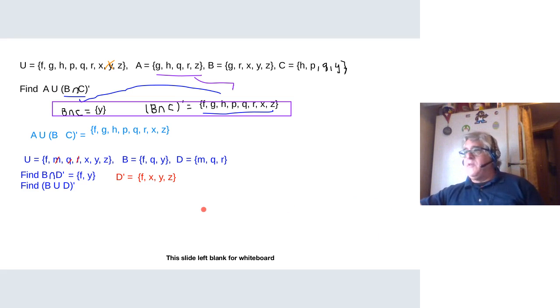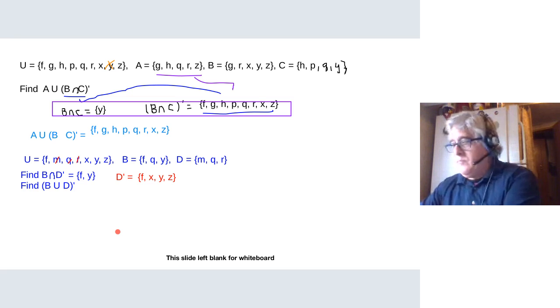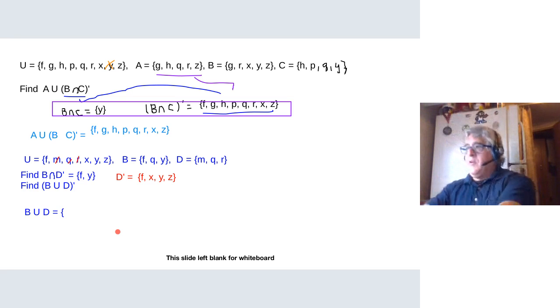Okay, so now we got to do this in 2 steps. You're first going to have to find B union D. So we're going to put these two together here into one. That's what union is. Just adding them all together. I'm going to put them in order.